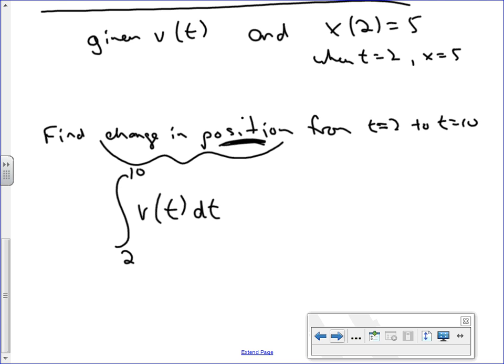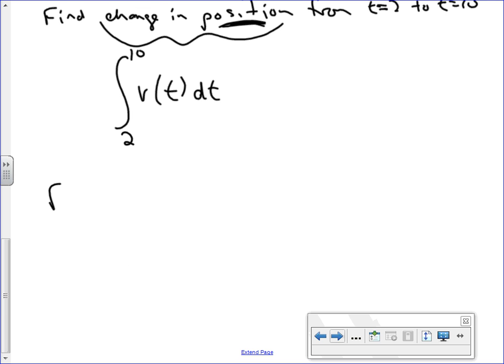If instead I asked you to find the position when t equals 10, if I said I want to know not how it changed but where it is, that's two different things.